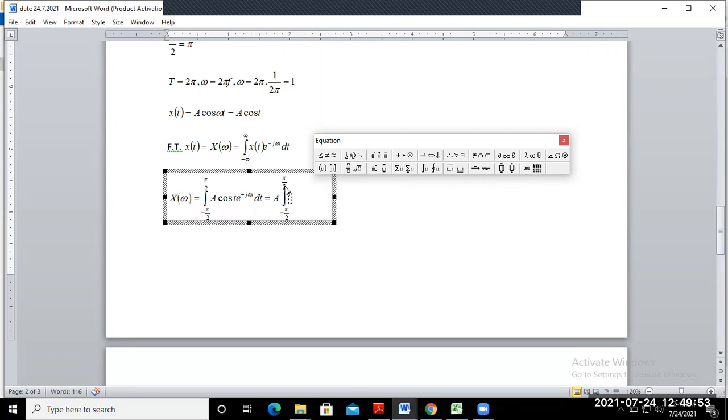How we can represent cos theta in terms of exponential function, as you know that.